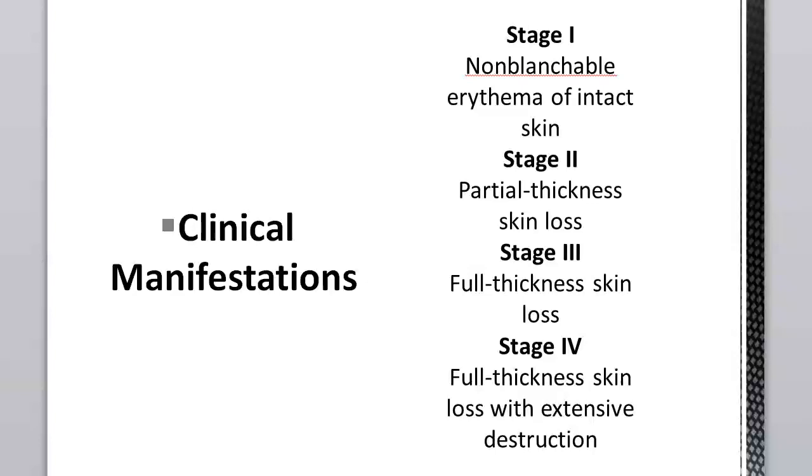But please review this nice picture of all these stages, and it gives you a good idea of what you're looking for when you think of stage 1, stage 2, stage 3, and stage 4.